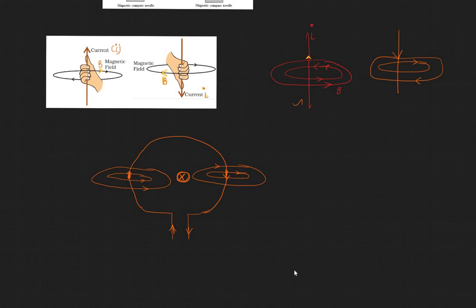In other words, the direction of in and out is denoted with the help of an arrow. If you imagine an arrow going inward, you'd be seeing the tail. And if you have an arrow that's coming out, you would be seeing the tip of the arrow. So this represents out, and this represents in, in our three-dimensional space. In as in into the monitor or screen you're looking at.